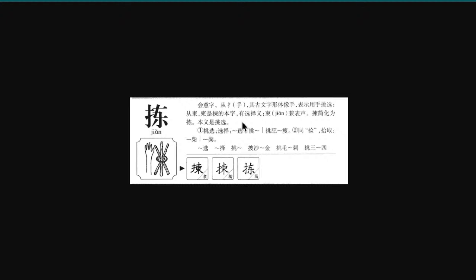And the current form of this simplified version comes from the 草书, from the cursive writing of Chinese calligraphy. So quite many simplified characters have forms that actually come from the simplification of traditional characters through cursive Chinese calligraphy.